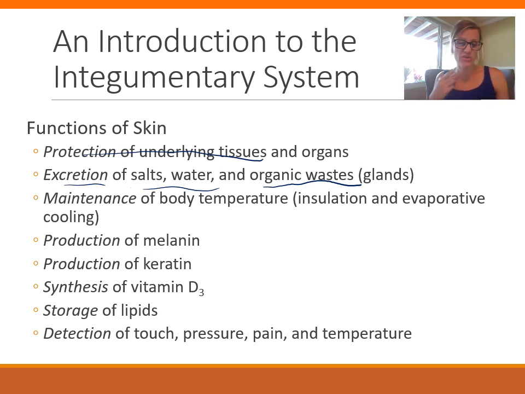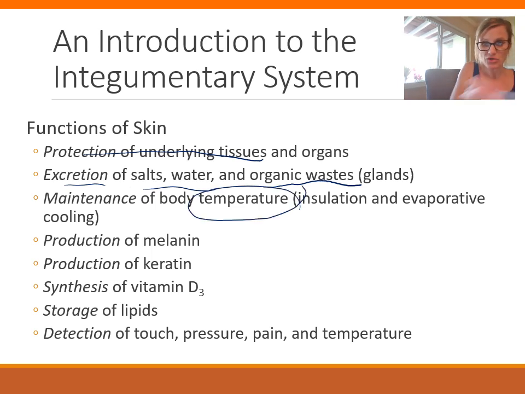The integumentary system is important in the maintenance of body temperature. It helps us to keep a stable homeostatic body temperature, and it does this in a couple ways. One, it provides insulation, and really specifically the hypodermis, because of all of the fat tissue, provides the most insulation to help keep the warmth inside.